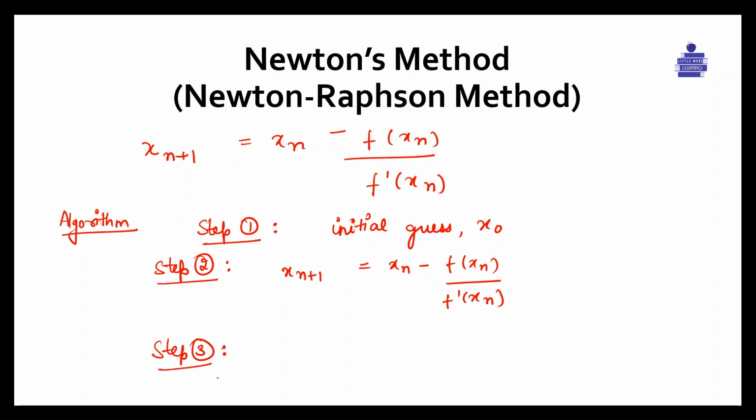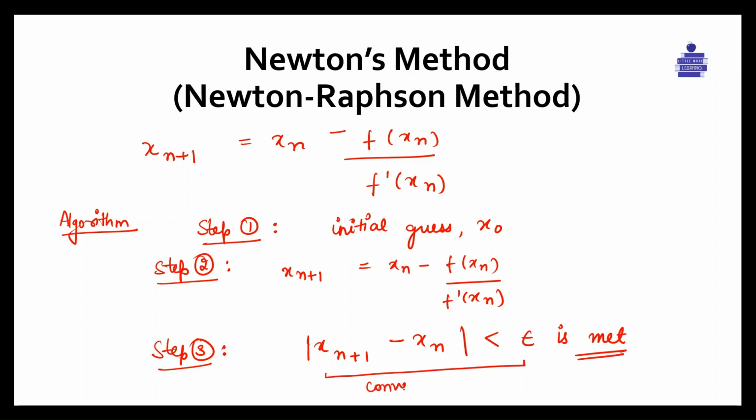Step number 3 is to repeat until our convergence criterion is met, and the criterion is that |x(n+1) minus x(n)| is less than epsilon. This statement is our convergence criterion.